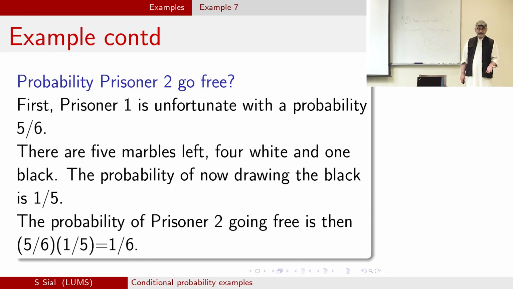Now there are 5 marbles left. 4 are white and 1 is black. So now the probability of release is 1 by 6. And if we keep going, in fact, everyone has a 1 out of 6 chance of being released.